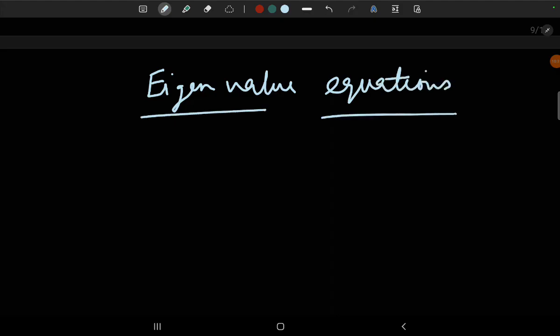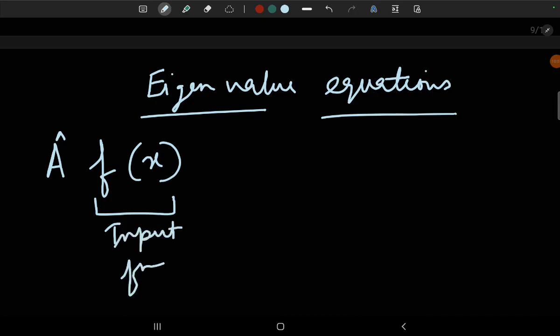So eigenvalue equations are equations which involve operators. We have an operator A which acts on some function f of x. This is our input function.